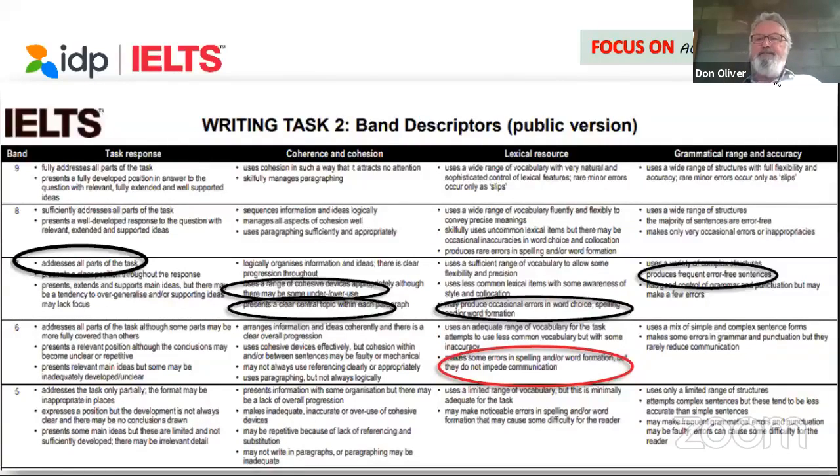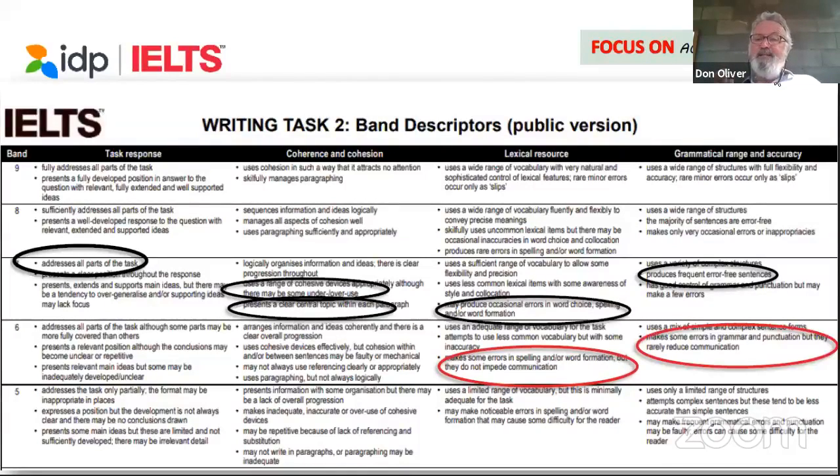And finally, grammatical range and accuracy. Again, in band 7, you only make a few errors in grammar. So if you're not sure about using tenses in English, if you're not sure about using prepositions, to, with, by, for, if you're not sure about using a and the, learn these things, because the more mistakes you make there, the lower your score will be for this criterion.